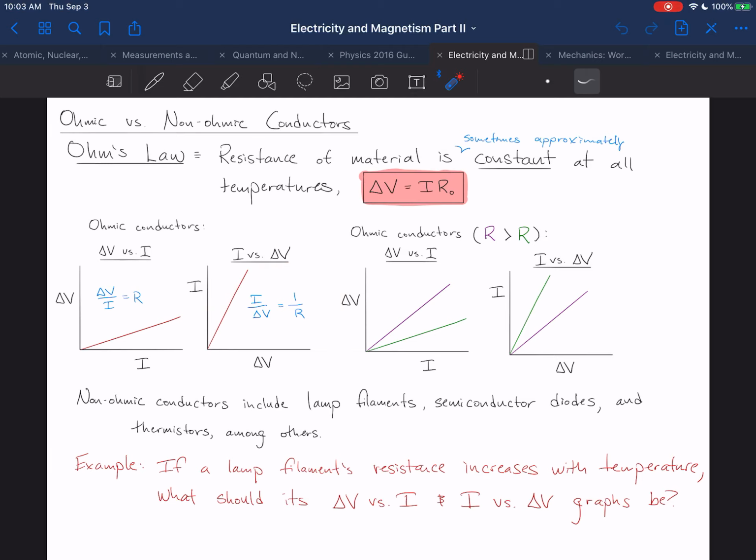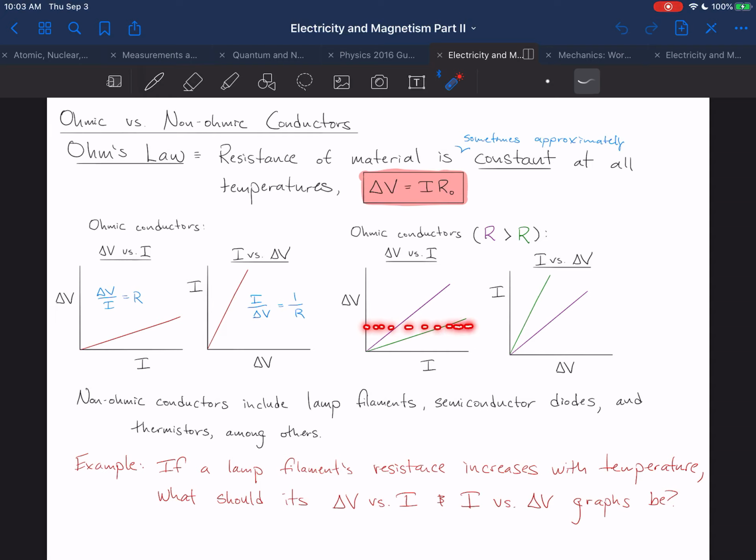Notice that you can read off either of these graphs whether the resistance is higher. So for a delta V versus I graph, a higher resistance will mean that you have a higher slope for that line. That line will be above the lower resistance line. Another way of thinking about it is if you draw a line of either constant potential difference or constant current.